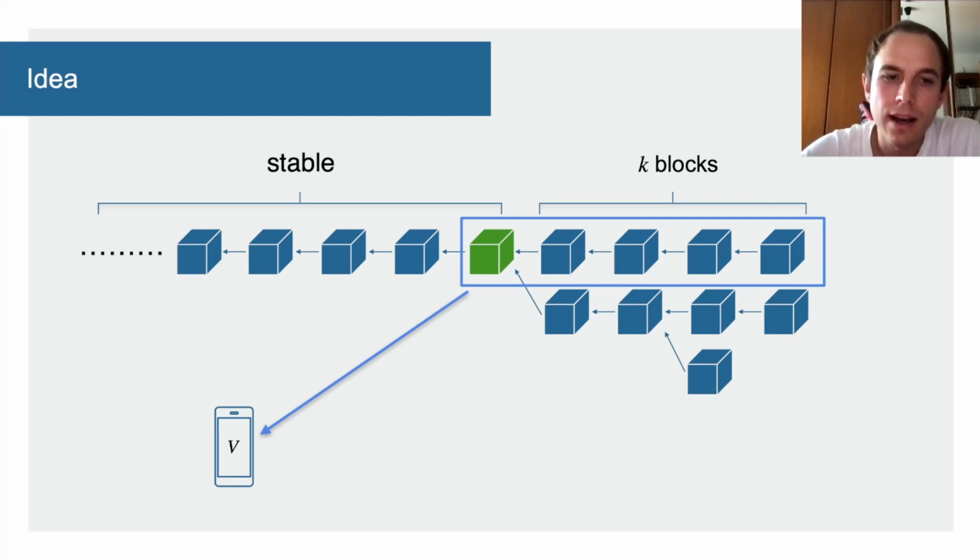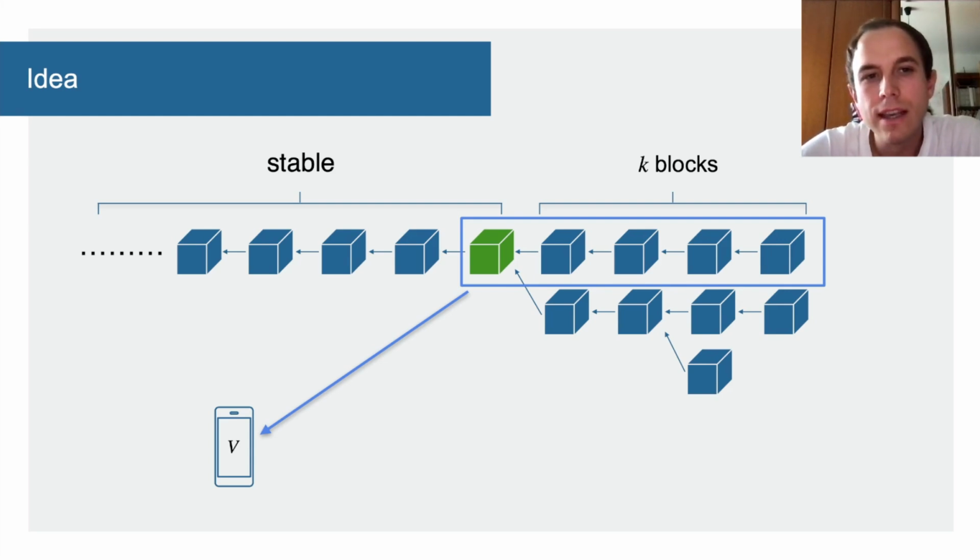So why not make a protocol where the verifier connects to the provers and asks, what are the latest blocks that you have? Give me a chunk of k+1 blocks, and I wait for you to send them to me, and then I take the first block to be my stable block.